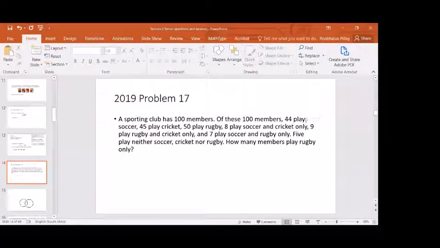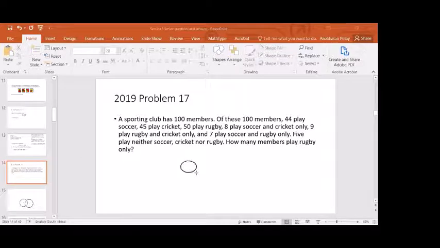Here you've got 3 games. You've got soccer, cricket, and rugby, right? And you've got all kinds of information about how many people play soccer or they don't play soccer and so on.